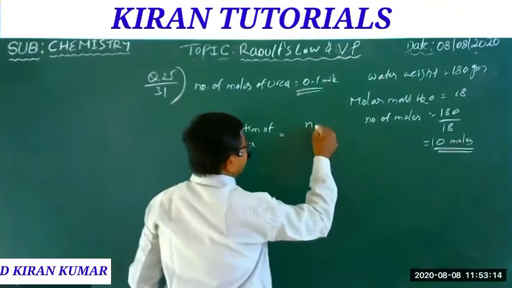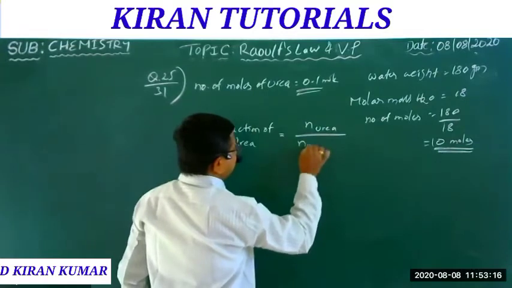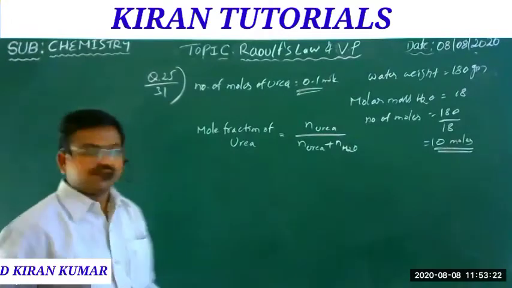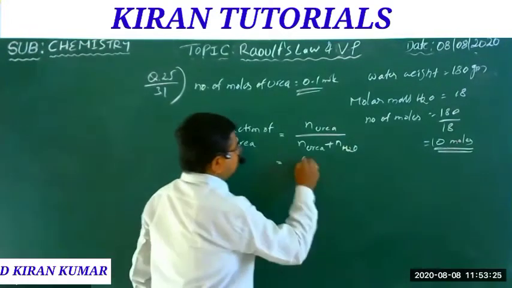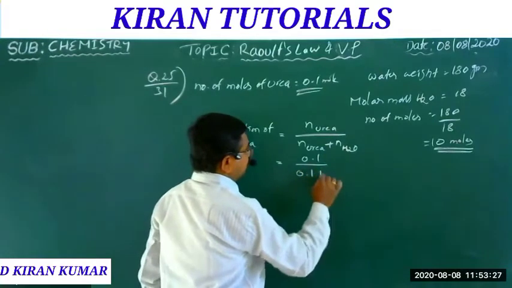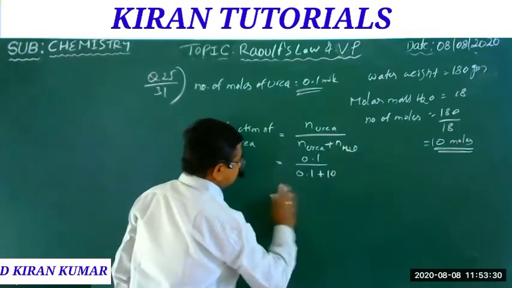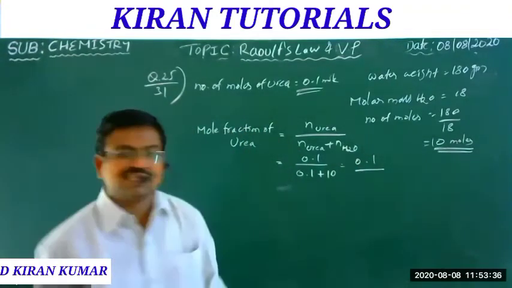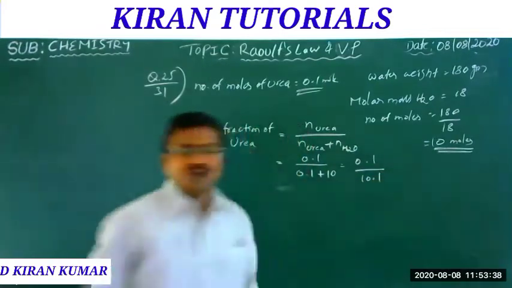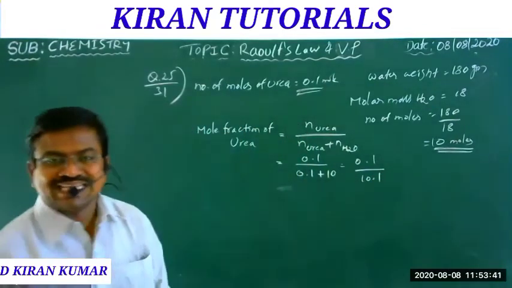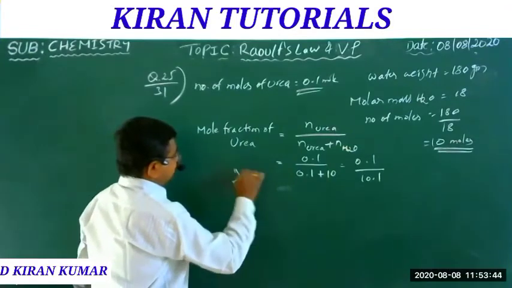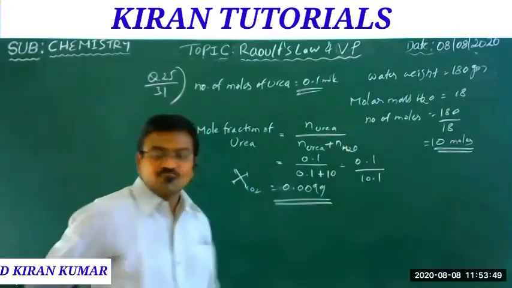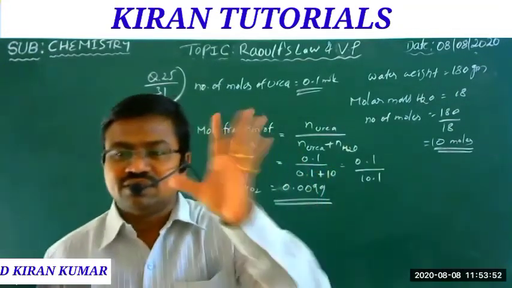So number of moles of urea by number of moles of urea plus number of moles of H2O. That equals 0.1 by 0.1 plus 10, which is 0.1 by 10.1. That is 0.0099. So the mole fraction of urea is 0.0099.